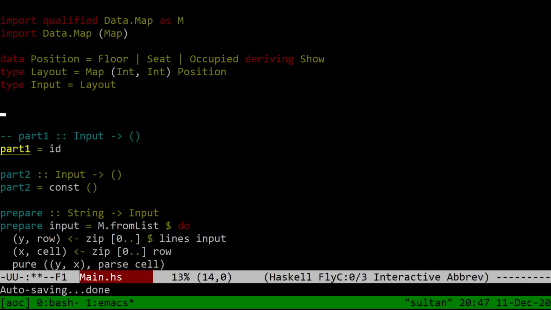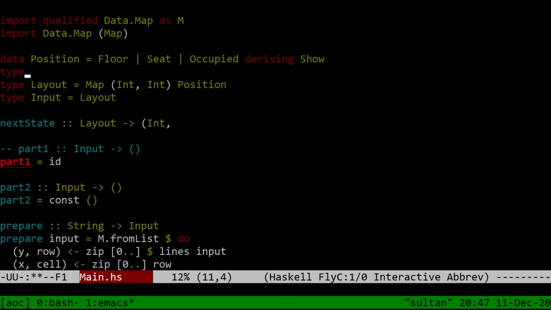So I guess what we want to say is next state of is a function from layout to int. I really want a type for this, type coord equals int. There we go.